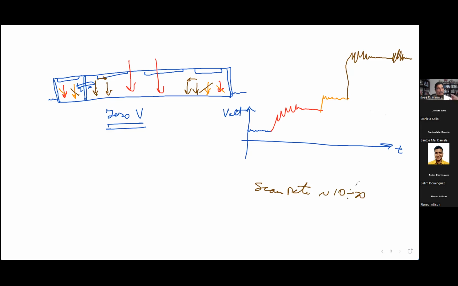Because after this, we have to go back, try to see if we can return to the zero position. Okay, that means that we have to move, and then we take gently all the loading, and we should recover the value of the voltage from the load cells from the beginning.